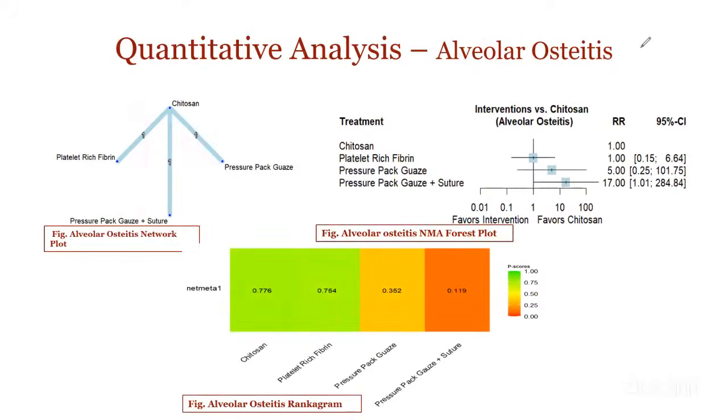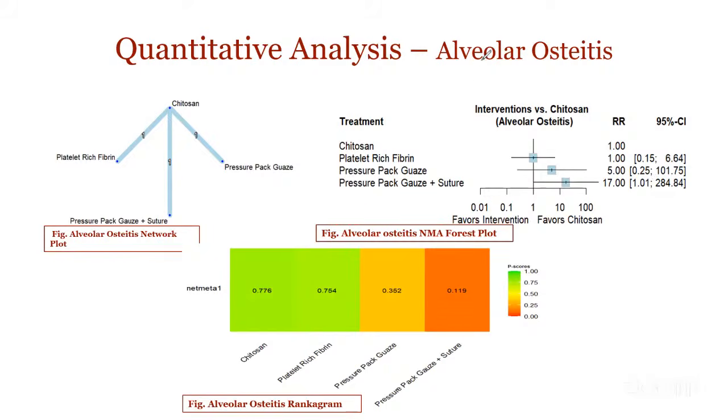Then we have the risk of alveolar osteitis, which is an inflammatory condition that occurs after tooth extraction due to the lysis of the clot in the socket. It is not an infectious disease. It is not an infection. So we don't need to prescribe antibiotics for such patients, only analgesics to treat such a condition.